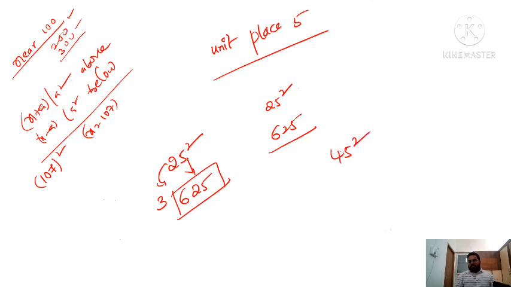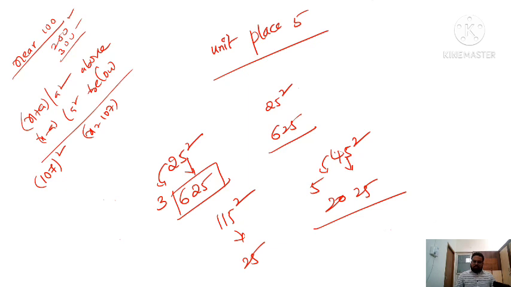In case 45 square, 5 square is 25, and 4 times the next number, 5, is 20. 2025 is the answer. In case 115 whole square, 5 square is 25, and 11 times 12 is 132. 13225. This is the easy way to multiply.